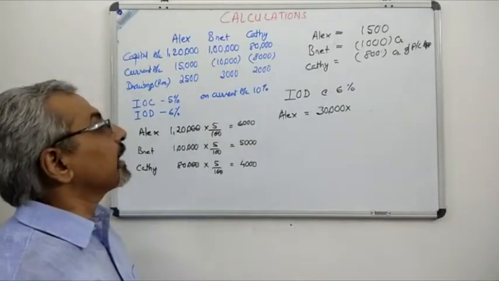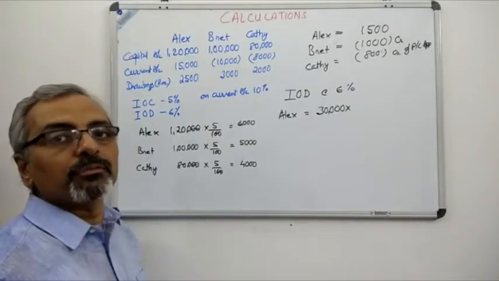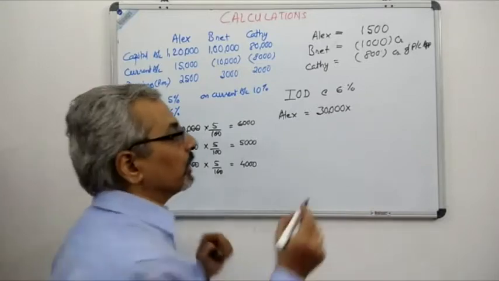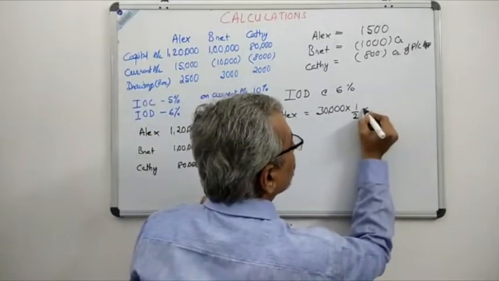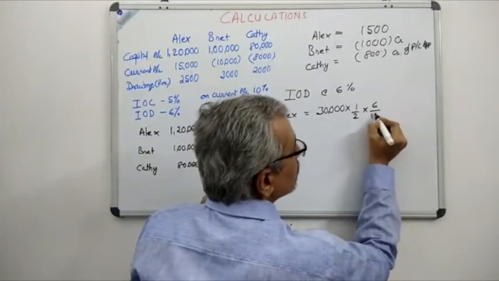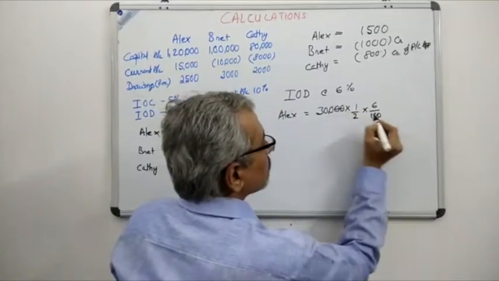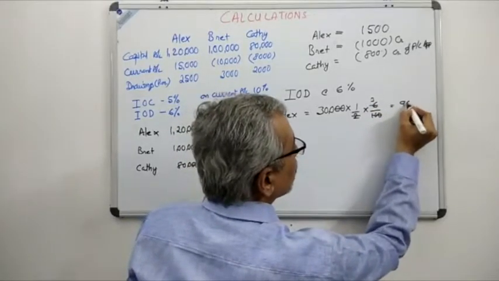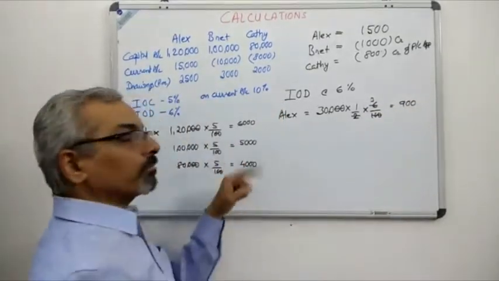And since the time is not mentioned when the drawing has been made, we know that we have to calculate the interest for half year. So half year, and what is the rate given to us? 6%. So let us cancel the zeros over here. Let us cancel this and this. We get a 3 over here. So 900 is the interest on drawing for Alex.